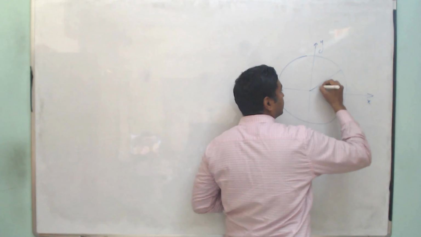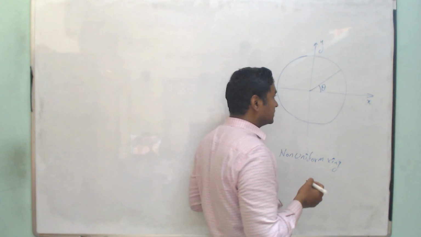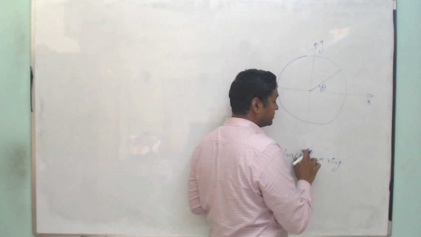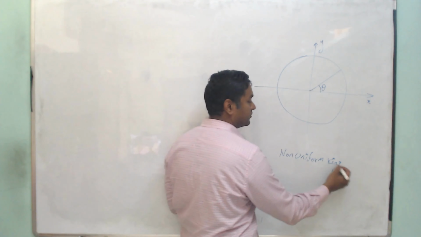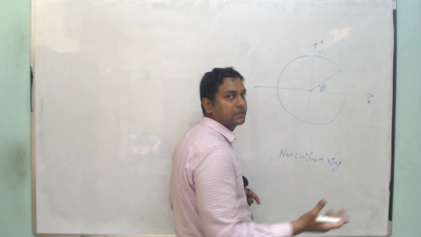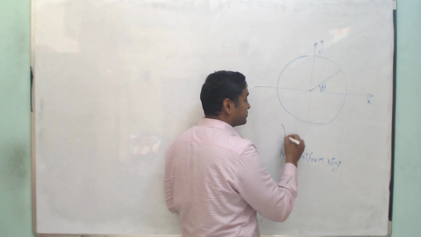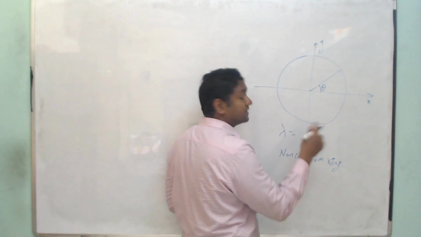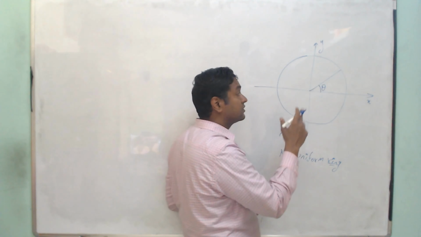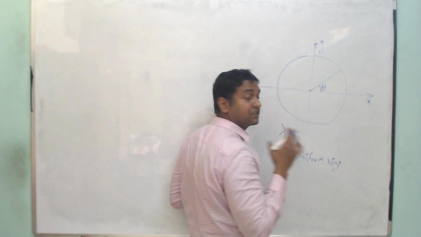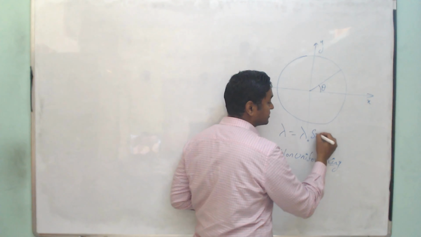At an angle theta with the x-axis, the variation of charge, of course, this is a ring, so we will have charge per unit length. The charge per unit length varies along the perimeter as a function of theta, as lambda is equal to lambda naught sine theta.